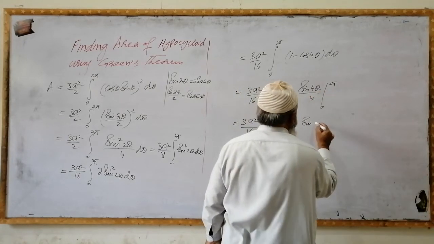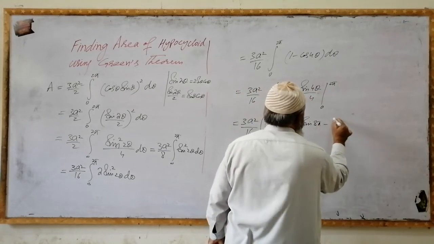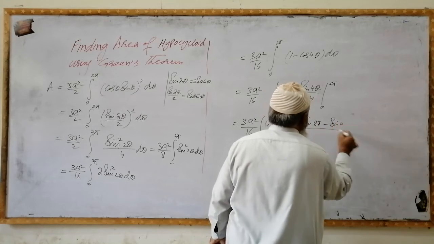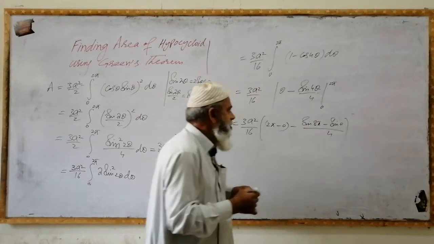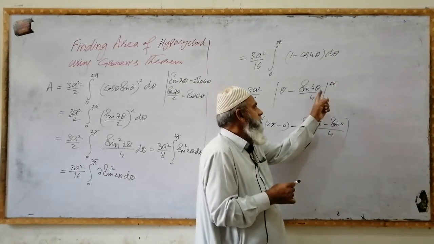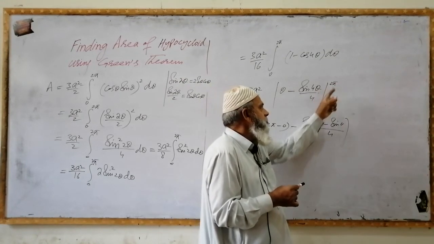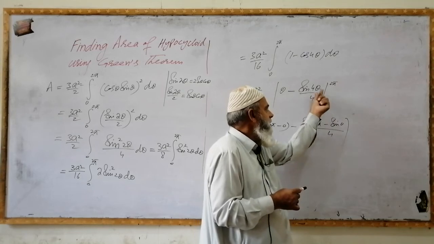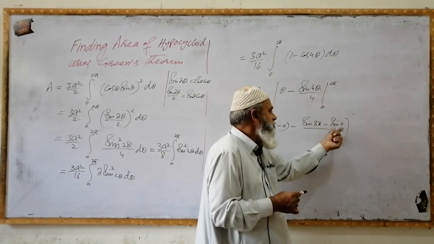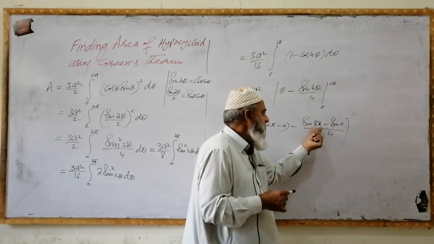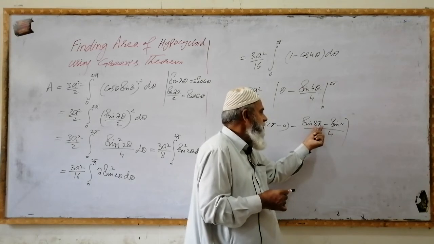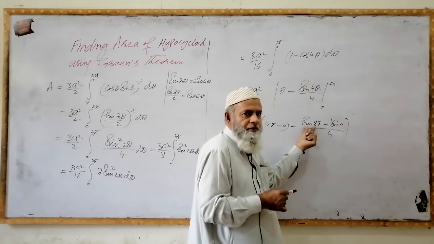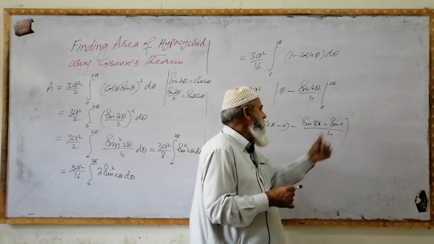This will give you sin 8 pi minus sin 0 over 4. Now how is it obtained? Substituting theta by 2 pi into 4 will give you 8 pi, and putting theta is equal to 0 will give you sin 0. And as you know, whenever integral multiple of pi appears in the angle of sine, that becomes 0. Similarly, sine 0 is 0.